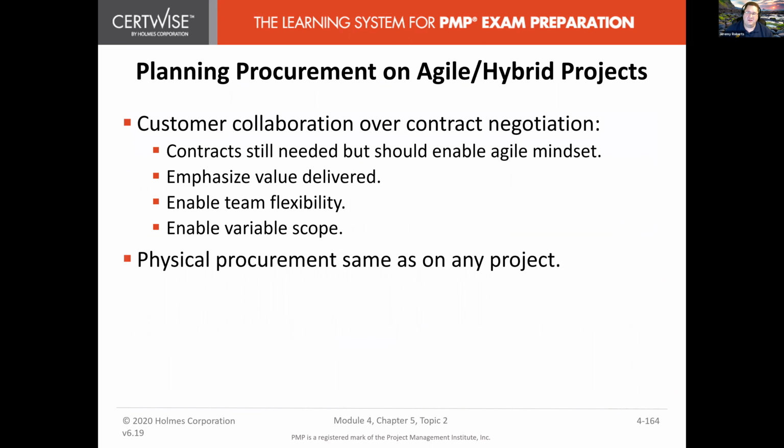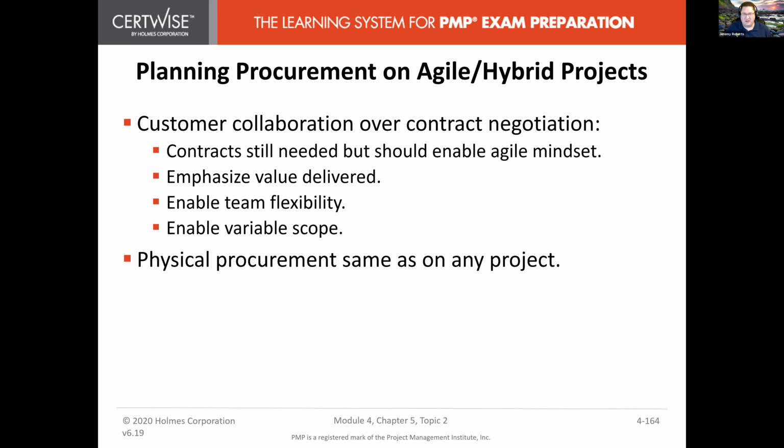So we need to plan for it differently on agile and hybrid projects. We're going to collaborate with our customer over the contract. We're going to negotiate with our customer. So the contract's still needed, but it should be written in a way that will enable the agile process.